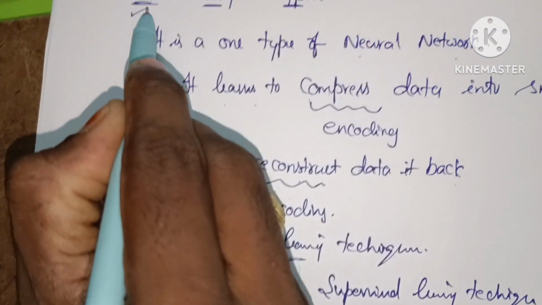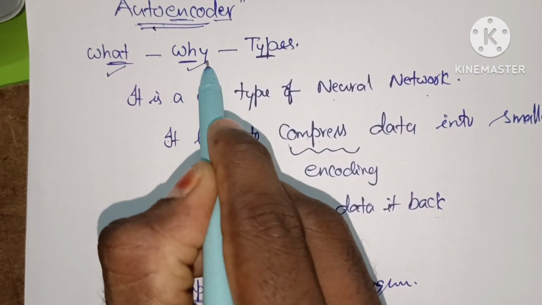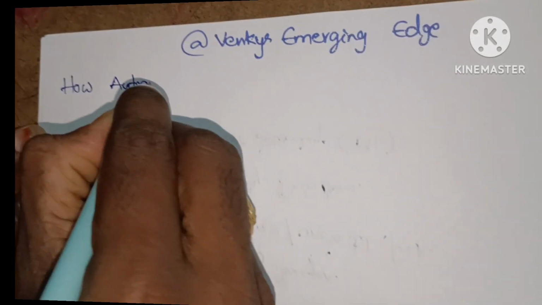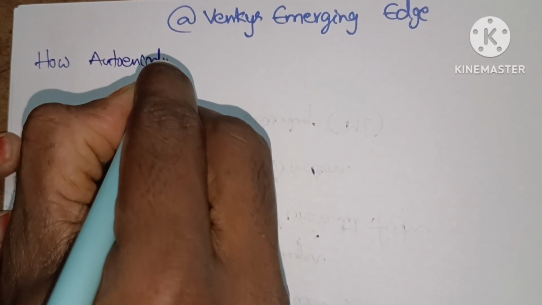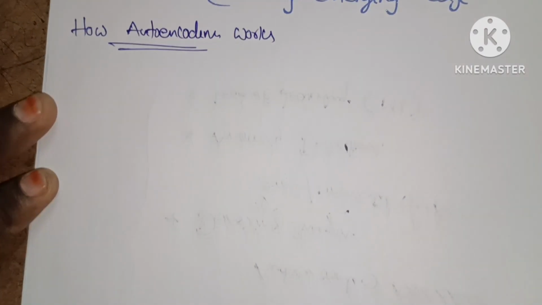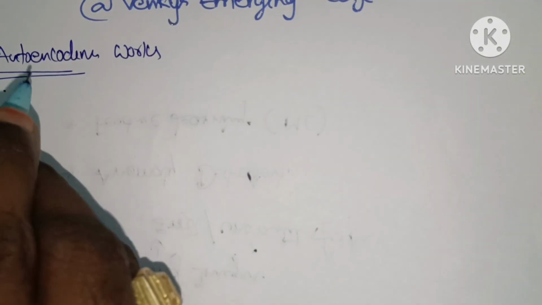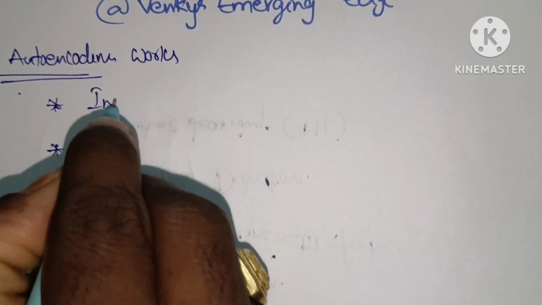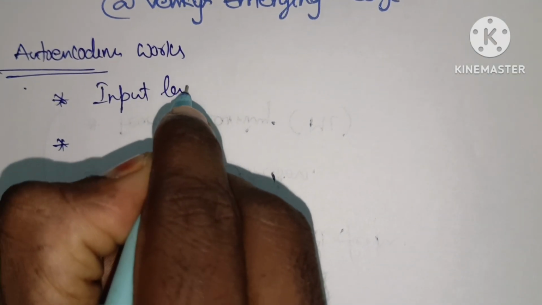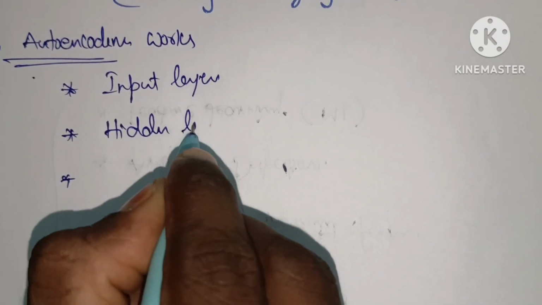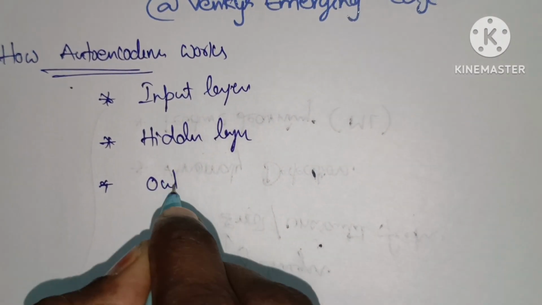So we know what autoencoders are and why we use them. Next, how autoencoders work. We know that the autoencoder contains three layers. One is the input layer, next is the hidden layer, and next is the output layer.